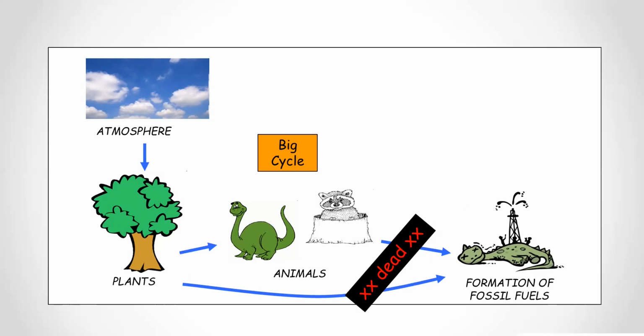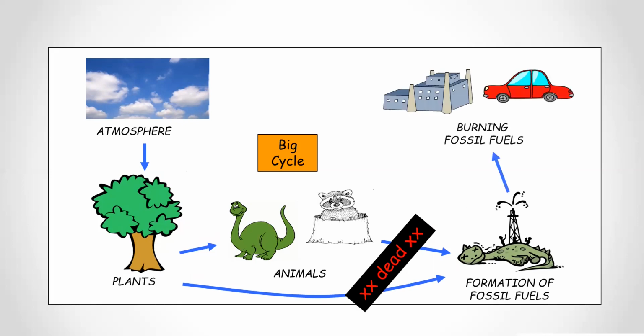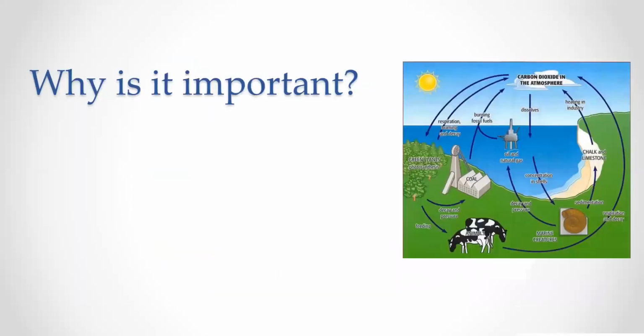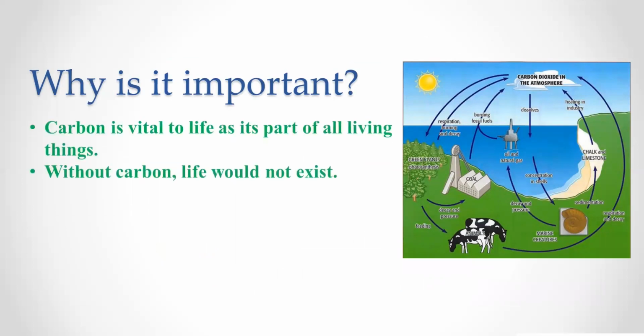Then we burn the fossil fuels in the form of smoke. It's entering again into the atmosphere, happening in the carbon cycle. Why is this carbon cycle important? Carbon is vital to life as it's part of all living things, and without carbon, life wouldn't exist.